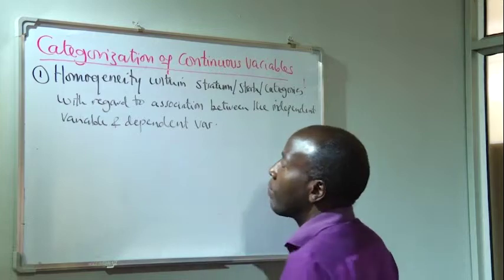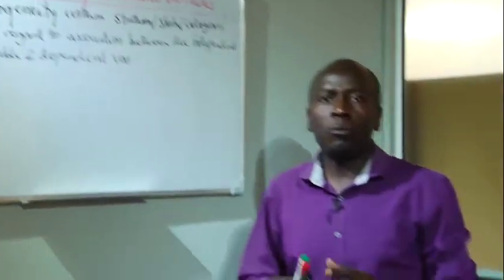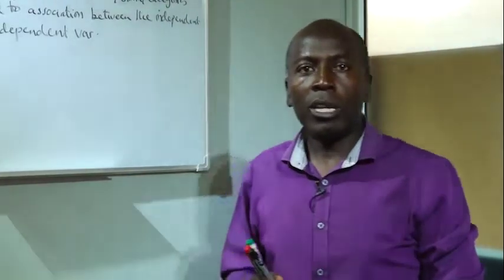In other words, when I decide to make a category, for example, let's go for age, and I'm looking at an outcome like hormonal contraception use for females. When I choose to categorize 13 to 17 years, I should be able to justify that the girls from 13 to 17 years are similar in their behavior with regard to use of modern contraception.